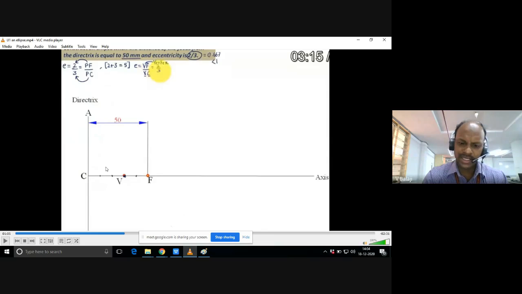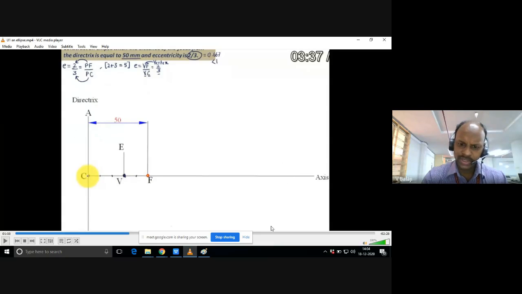The next step is to draw one perpendicular from the vertex, VE, which is equal to VF. Very important, remember, because the rest of the problems like parabola and hyperbola also follow the same procedure.